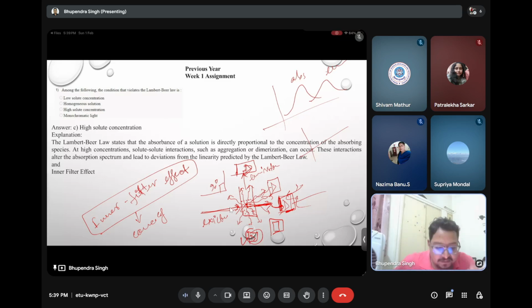So the intensity might decrease from this, and the emission will be like this. After placing the detector here, you'll get something like this.